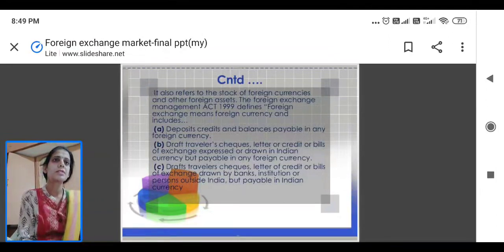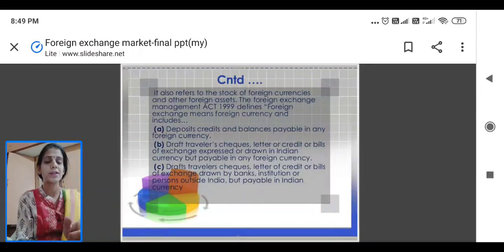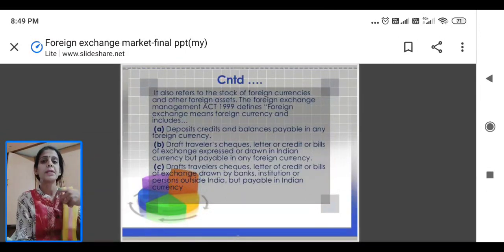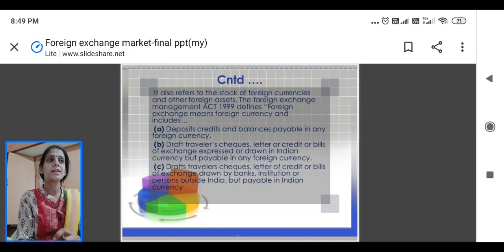So let us discuss the second point, that is the draft traveler's check. How does this work? It works with the traveler's check: you can carry the traveler's check, deposit it, and get it converted into that particular country's currency. Apart from that, there is the letter of credit.